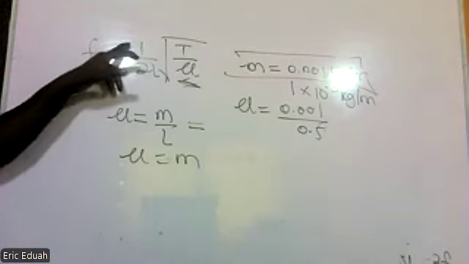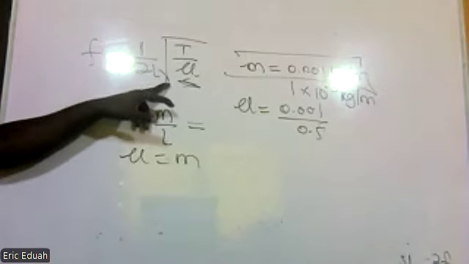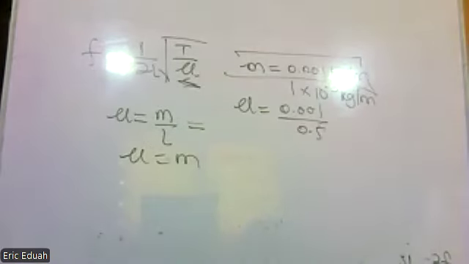It will be 1 on 2L times root T over M, because mu is M. But the length you got was 0.5, which is not equal to 1. So why won't we multiply the tension with length, but instead write tension over M?